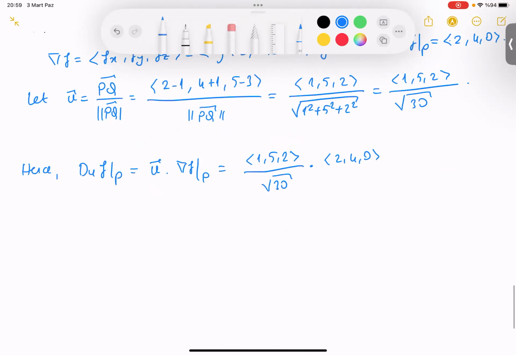Now the first component is 1 over square root of 30 times 2, plus 5 over square root of 30 times 4 gives us this, and the third component we get 0. So you have this.